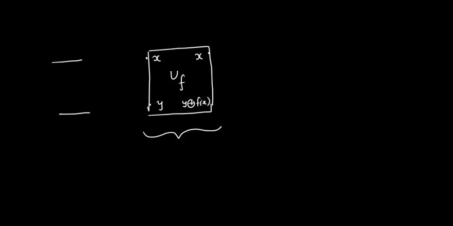It takes x and y as two qubits as input and provides x and y XOR f(x) as output. So if you write the composite state of this, the composite output is like this: x tensor y.